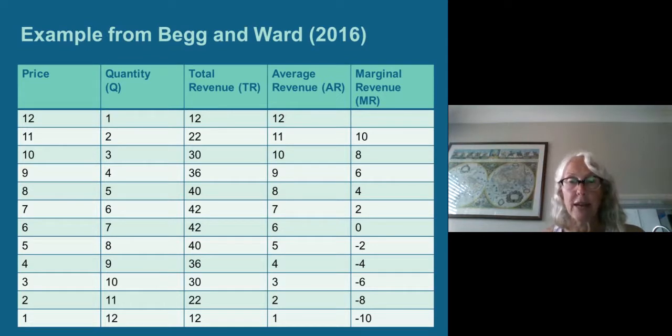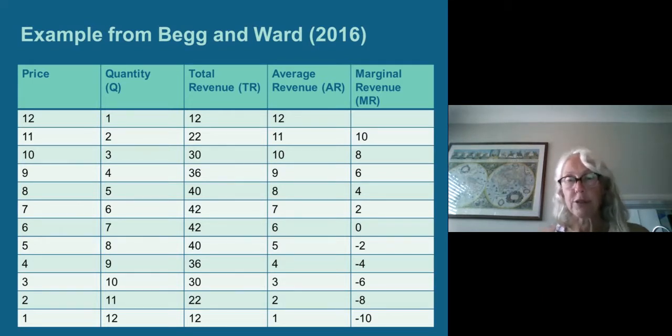And what we can see here, if we look at the total revenue, is that initially our total revenue will go up, comes to a point around about selling 6 or 7 tickets, and it actually begins to drop down again, because although we're selling more of the tickets, the price has dropped so much that the revenue is going down.